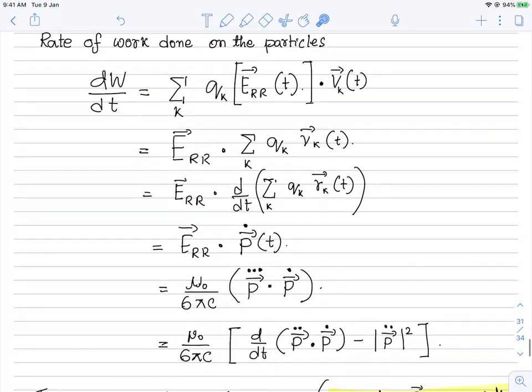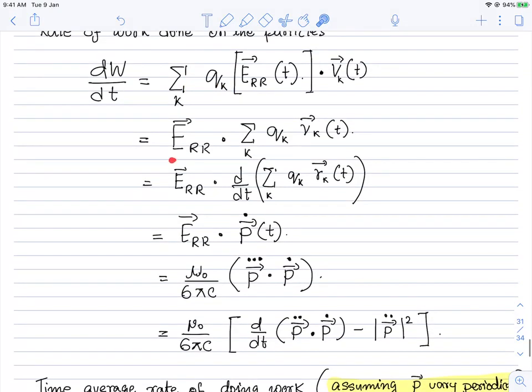If I now try to write this rate of doing work, I can bring the E outside because this doesn't depend on k in any way. Then this becomes a dot of this object, where v is basically dr/dt.